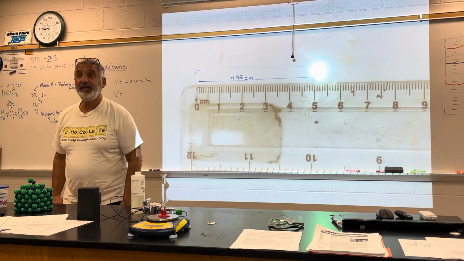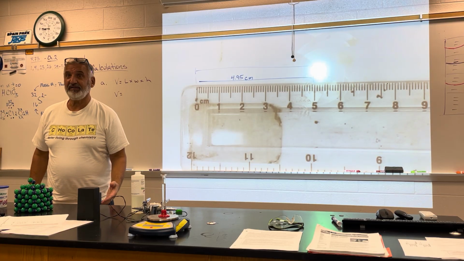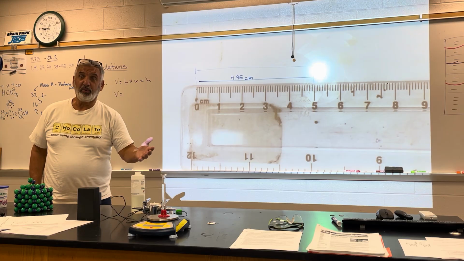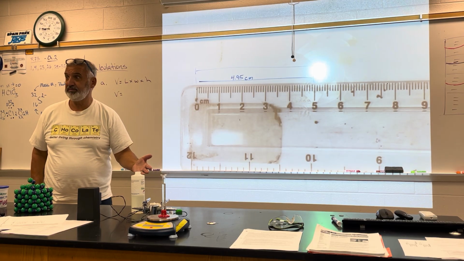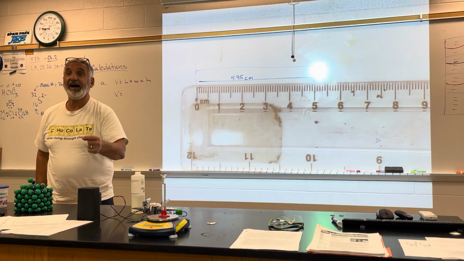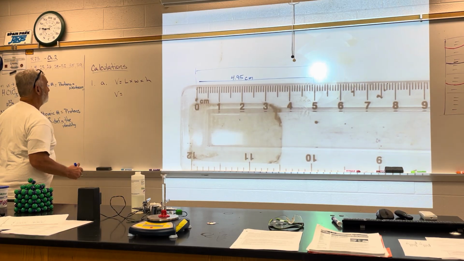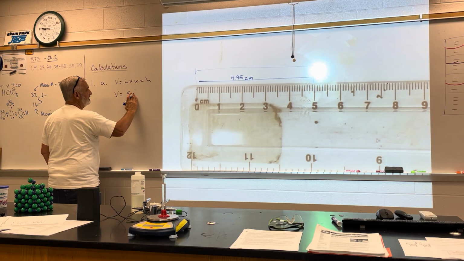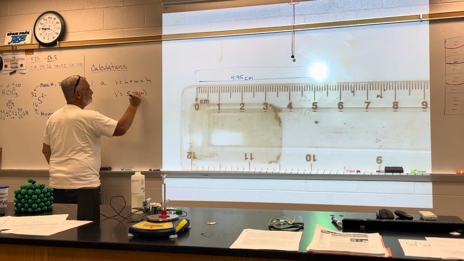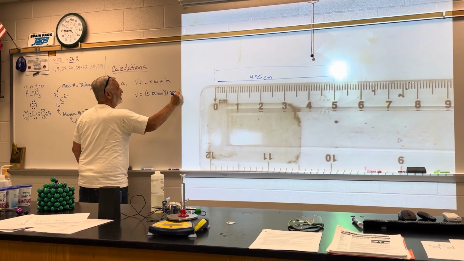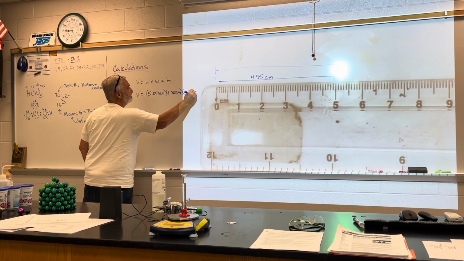Okay, so go ahead. Did everybody get 5.00 or 4.95 times 1.20? Did everybody pretty much get 1.20? So multiply all that out, what do we get? Let's say 5.00 centimeters times 1.20 centimeters times 1.20 centimeters.